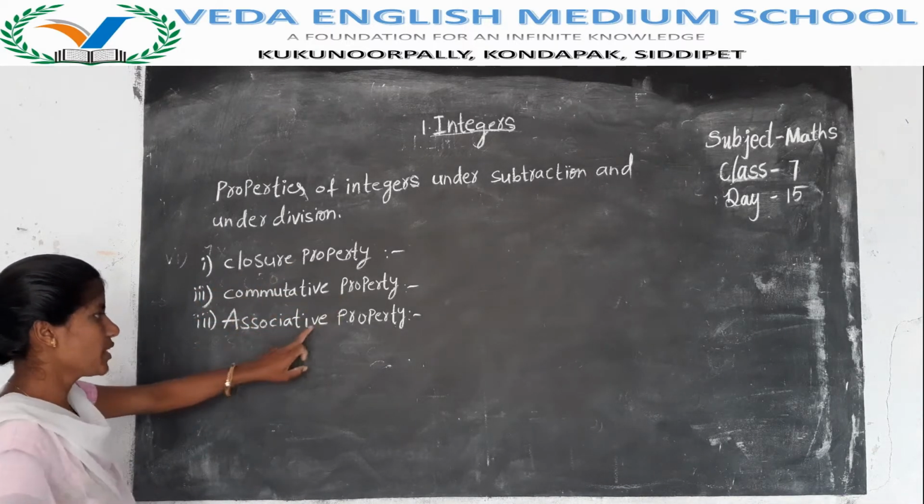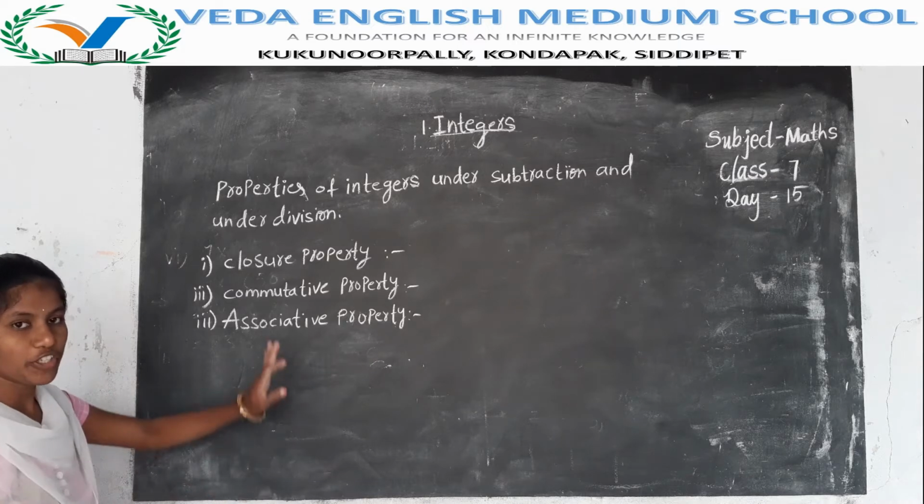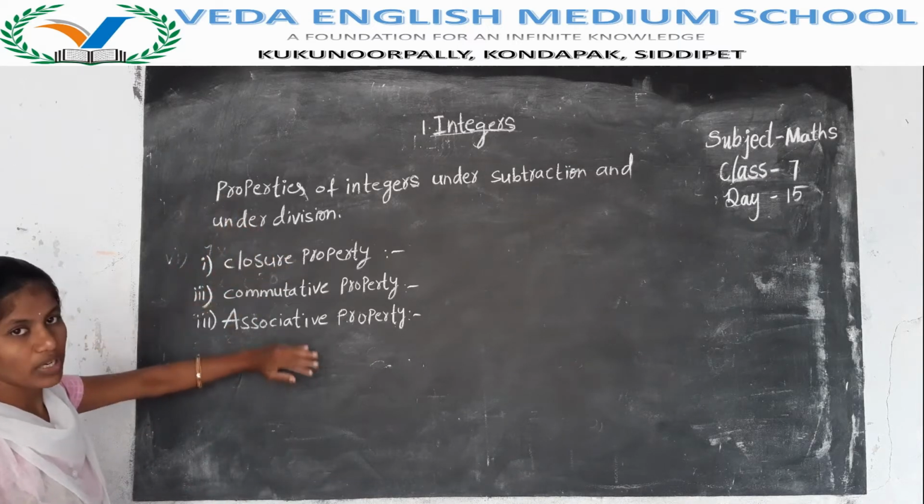Second one, commutative property. Third one, associative property. Under subtraction we have only these three properties.